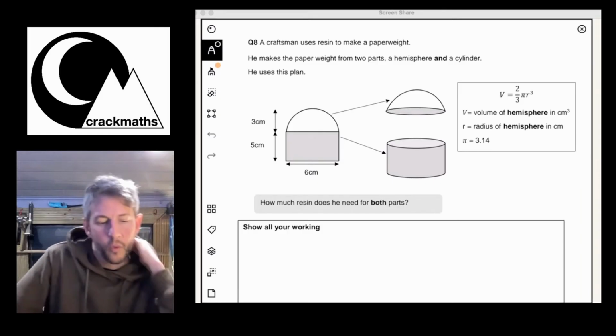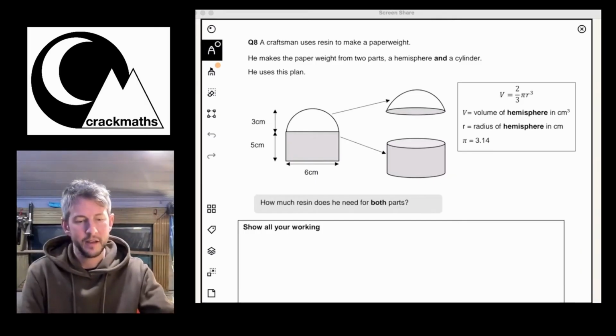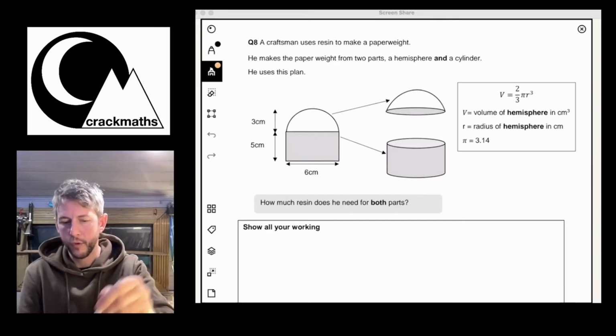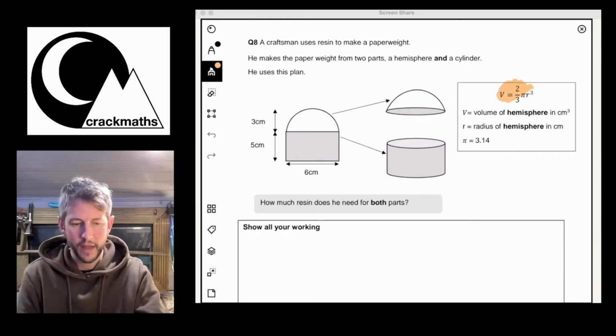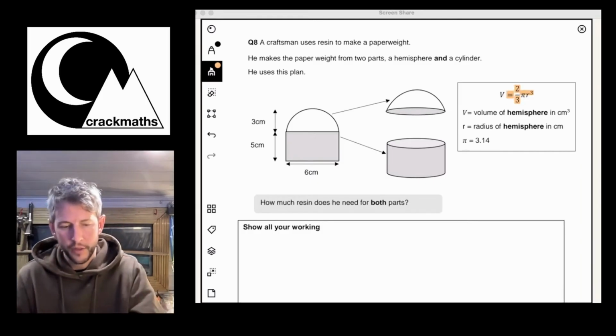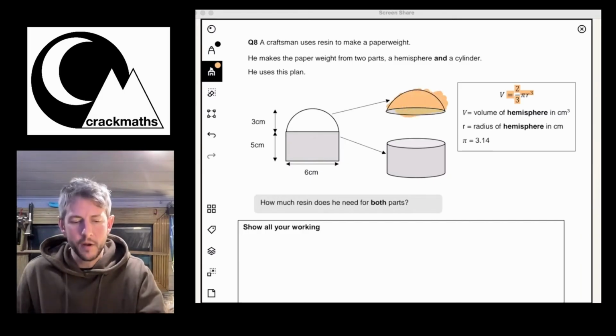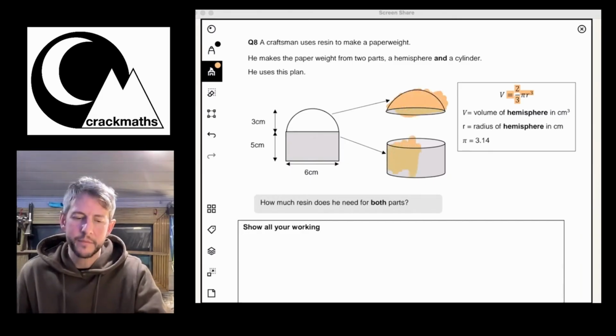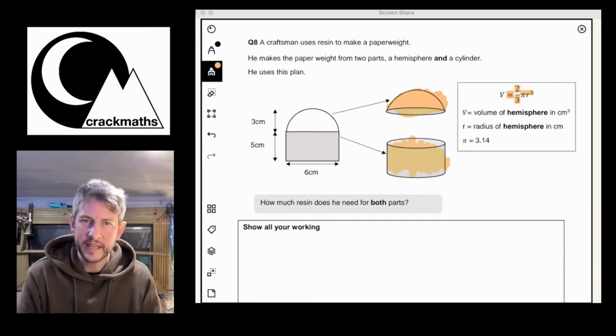Okay, so we have got here the formula for the volume of a hemisphere, which is going to be useful for helping us find out the volume of this hemisphere. We are required to know how to calculate the volume of the cylinder.